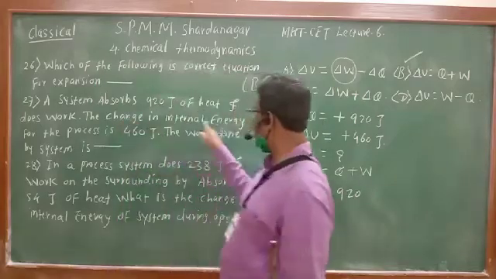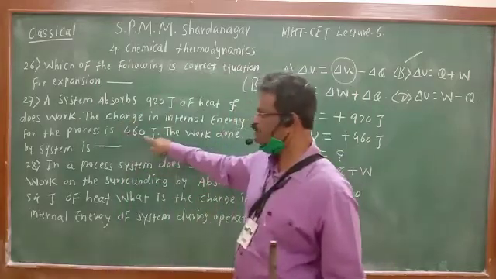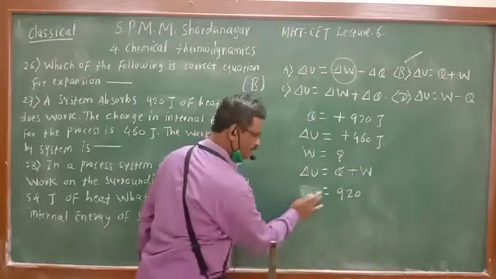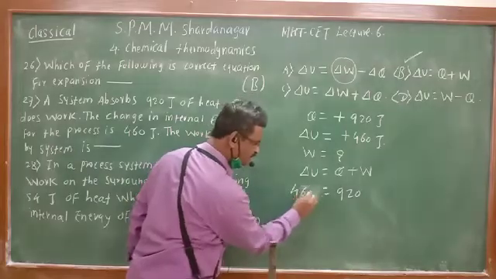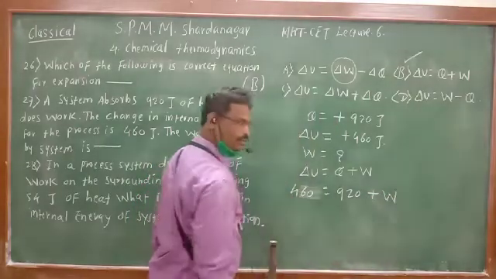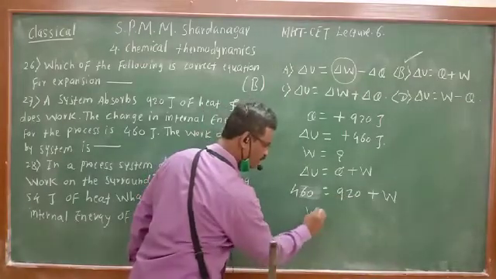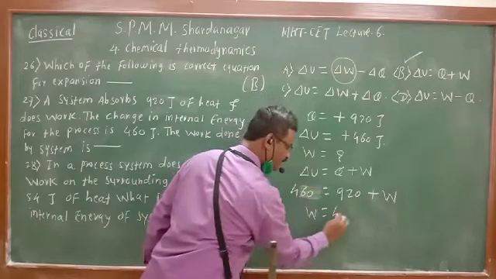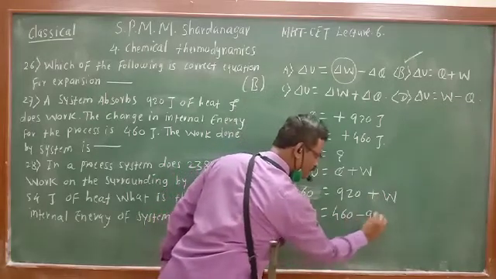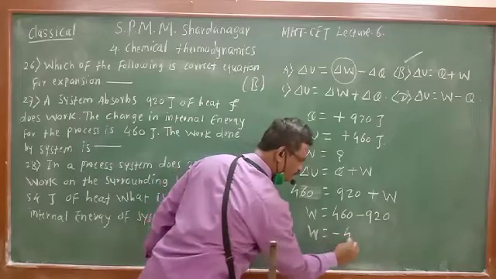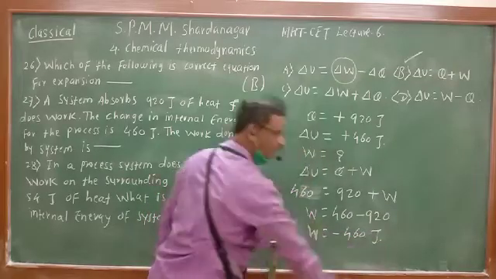The change in internal energy for the process is 460, and we have to calculate the work done W. So from this equation, W comes to 460 minus 920, therefore W is equal to minus 460 joule.